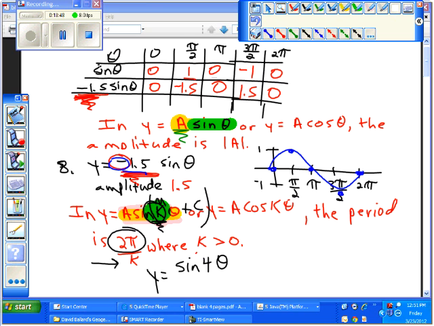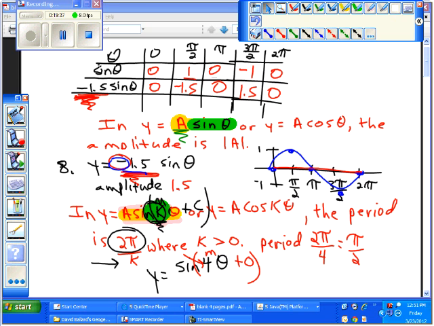Because this is understood to be in a parenthesis that looks like this, I'm going to end up undoing multiplication by division, and so my period is going to get divided by 4, and so my new period is going to be what my original period always is, 2 pi, divided by 4, which is pi over 2, which means that that entire blue wave is now going to happen by the time you get to pi over 2 instead of by the time you get to 2 pi. It'll happen 4 times within that same period.